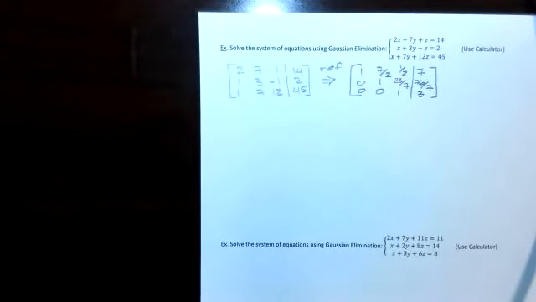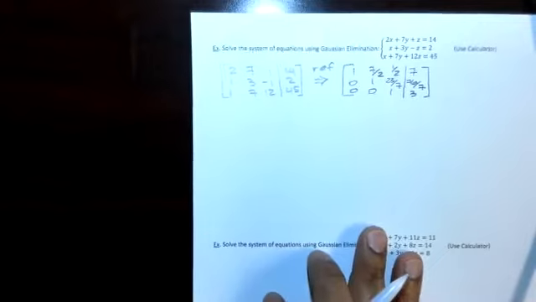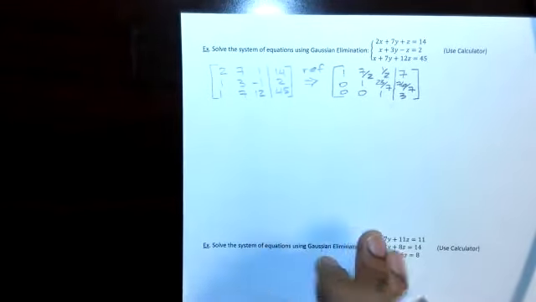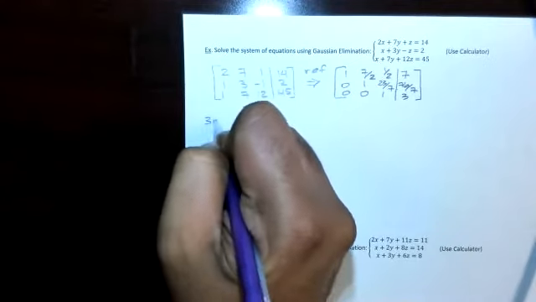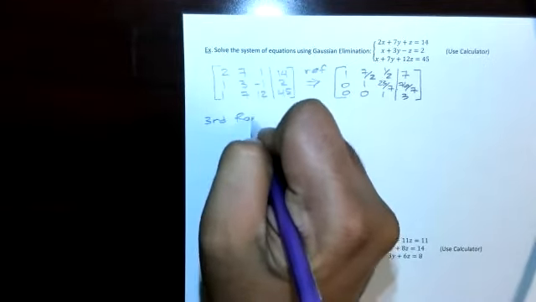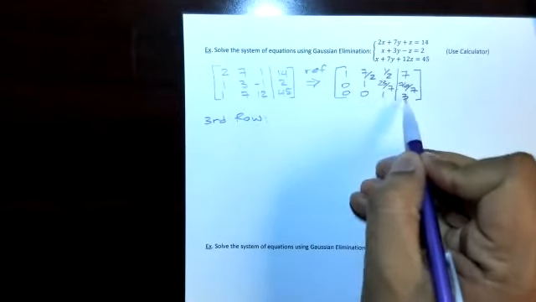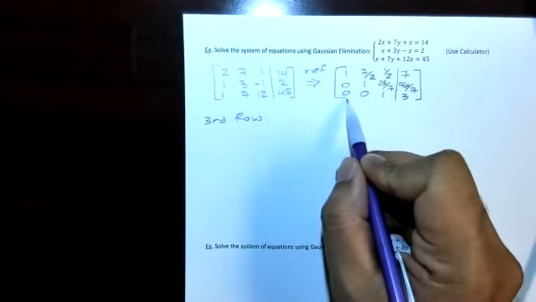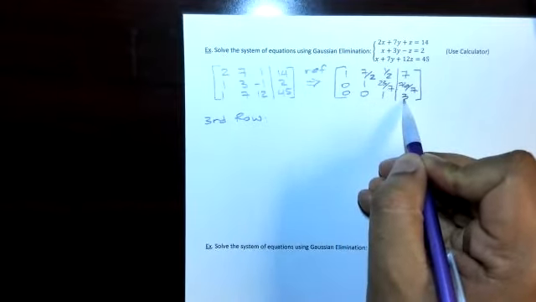Now, I'm going to use my matrix that is in row echelon form and solve for my equation. I'm going to start with the last row, which is the third row. The entries in the third row are 0, 0, 1, and 3. Remember, the order is x, y, z, and then the value that is equal to.